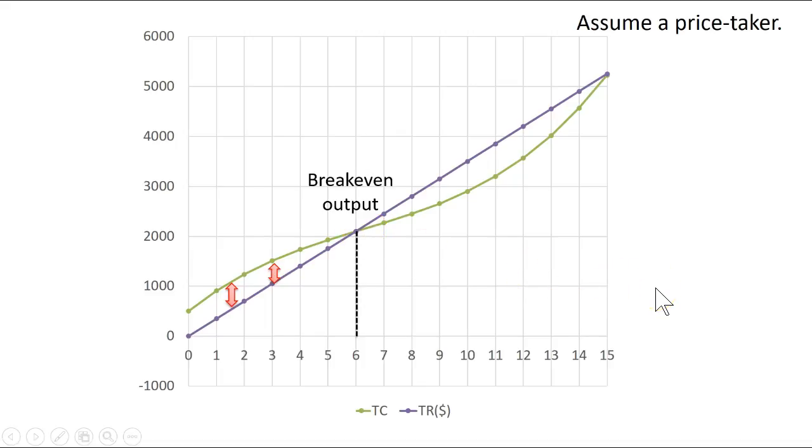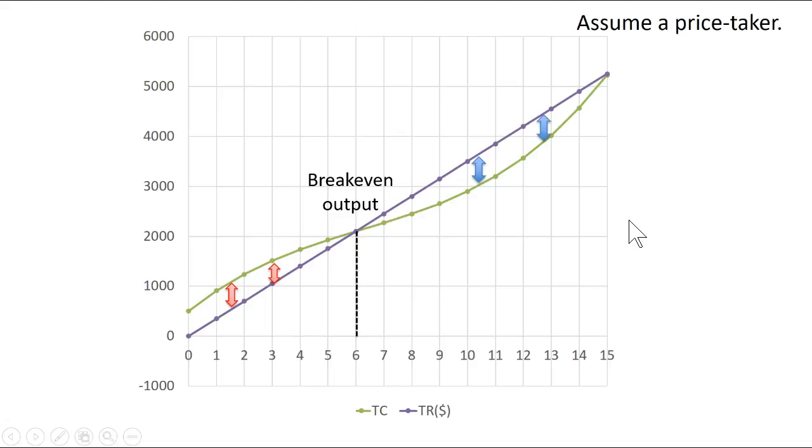So at this point the firm would be breaking even if it chose to produce 6 units of output. But obviously it can produce more than that, and as it produces more, we can see that the total revenue curve will be above the total cost curve.